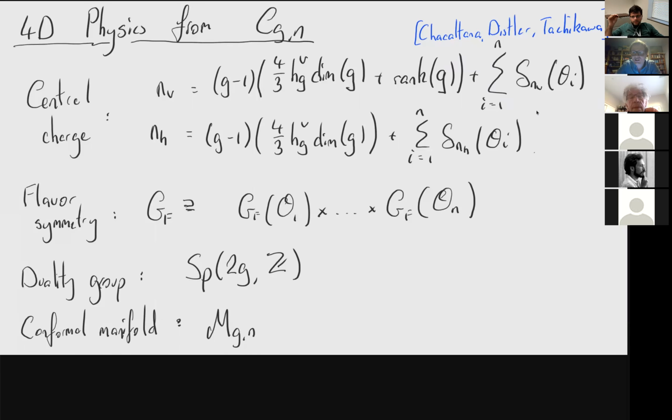And then there is a local contribution from each of the punctures, which I've labeled as O_i. There is a flavor symmetry, and that flavor symmetry is formed by taking the flavor symmetry of each of the punctures. However, this is not necessarily a complete story because the flavor symmetry can in fact be enhanced beyond this, as I will discuss a little bit later.